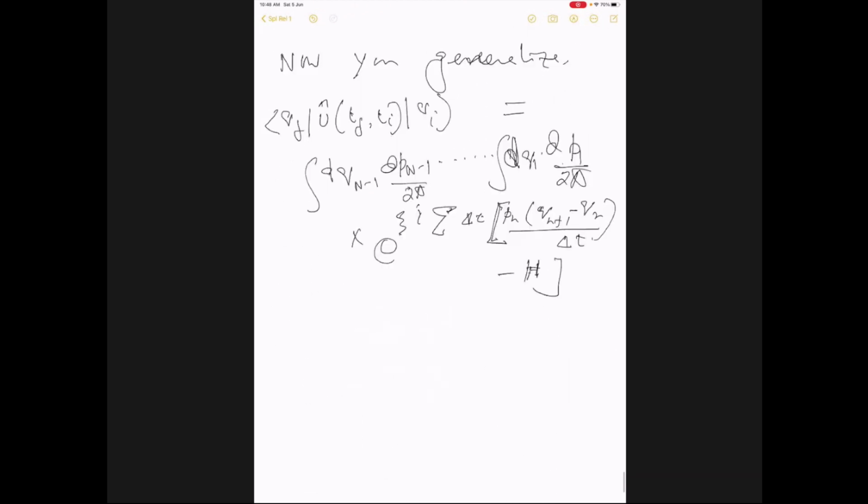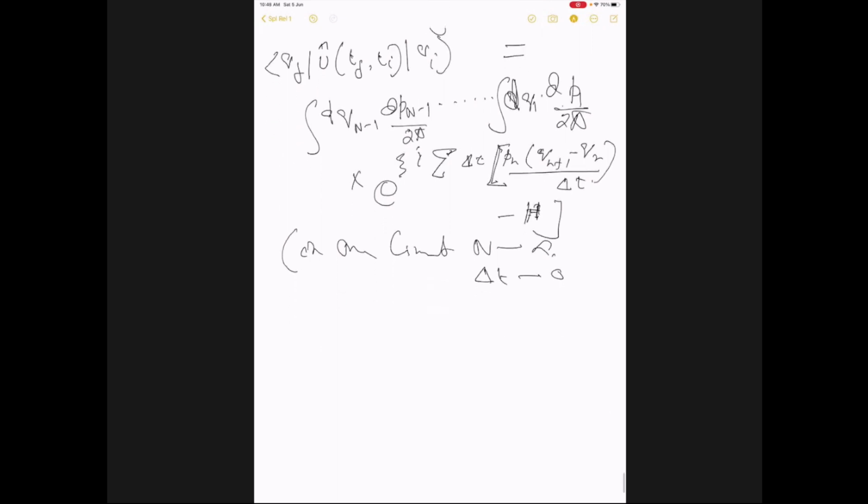So I have a summation for each of them, from 1 to L, 2, 3, 4, 5, 6 up to N, and then I have minus H which was sitting there. And I am writing this in the limit n goes to infinity, delta t goes to 0.